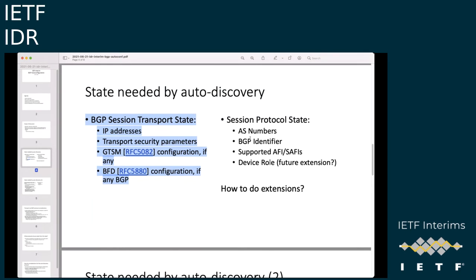That protocol information is on the left-hand side, and you do not need AS to successfully open. Remember that the open that we send are our local parameters. We don't care about the remote AS for sending an open.